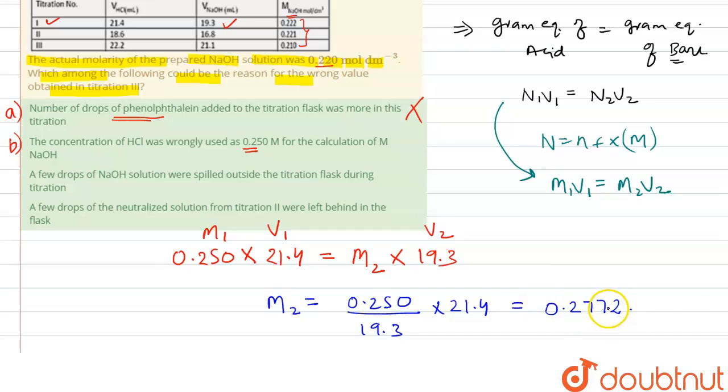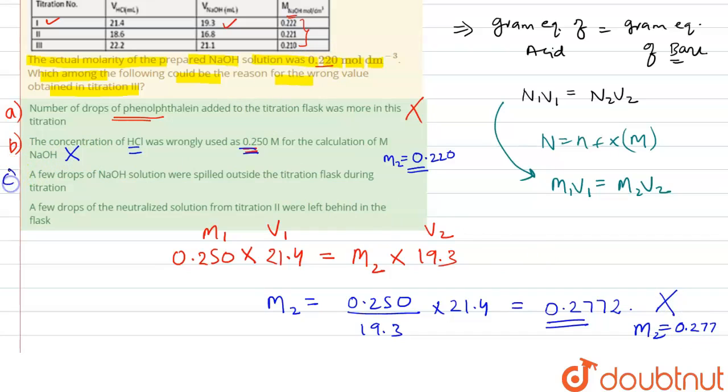This is also wrong, because if this statement were right and we use 0.250 molar concentration of HCl, then we should get the concentration of NaOH as 0.220. But here we are obtaining M2 equal to 0.277, so this is also wrong. The second statement is wrong because we are not obtaining the correct concentration of NaOH.